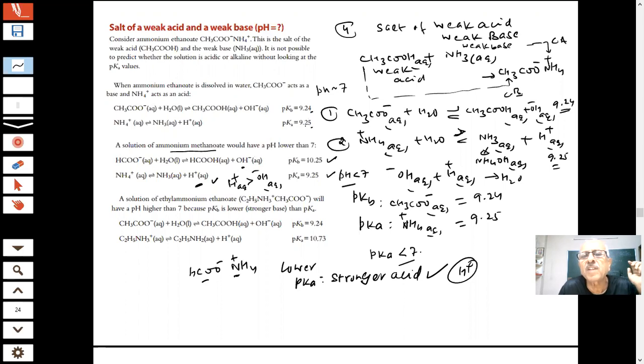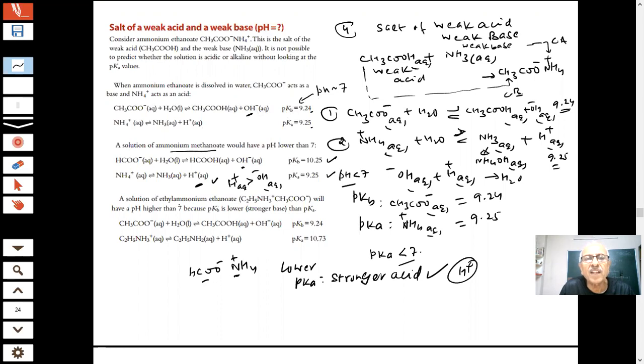But if you consider it is 0.01 more here than this, that means OH minus will be a little bit more than H plus in this first case. Because this value is less, it means more of this will be there than this, but how much? Very little, so almost 7.